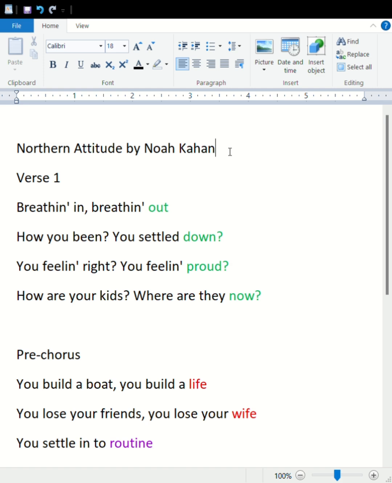So the words out, down, proud, and now all have the same vowel sound, but they have different consonant sounds. This allows the songwriter to have more creativity with their song choices.